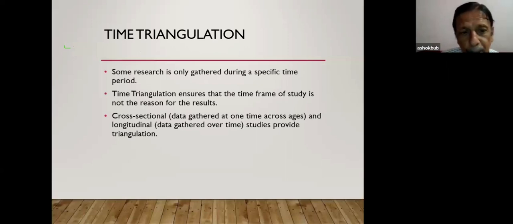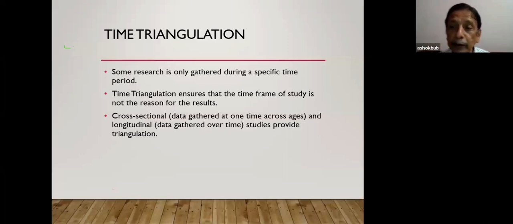Time triangulation. Some research is only gathered during a specific time period. Now, when you're talking about time triangulation, one fertile area of research for every field nowadays is, for example, COVID, pre-COVID, post-COVID. That is where a specific time period becomes an important factor.